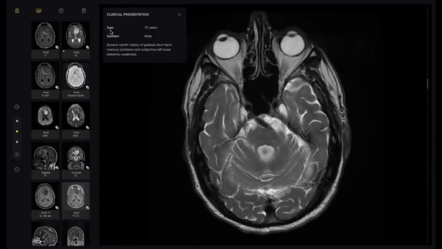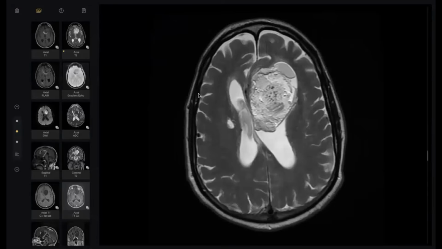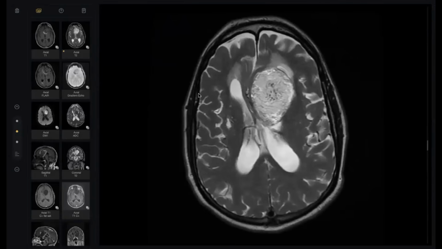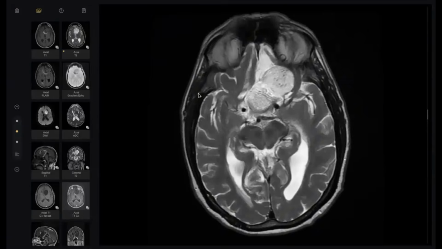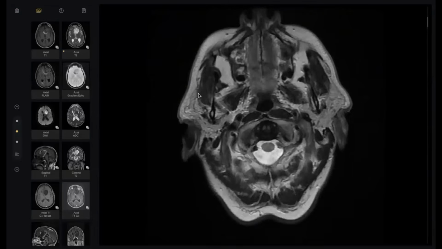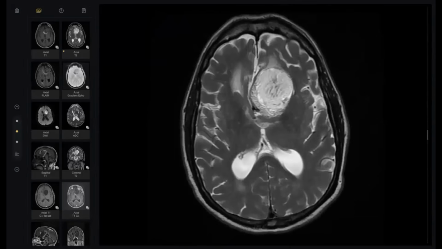Yes. 70-year-old male patient presented with problem of memory and lower limb weakness. I am presented with axial MRI T2 sequence of the brain. You can stop me at any slice of interest.